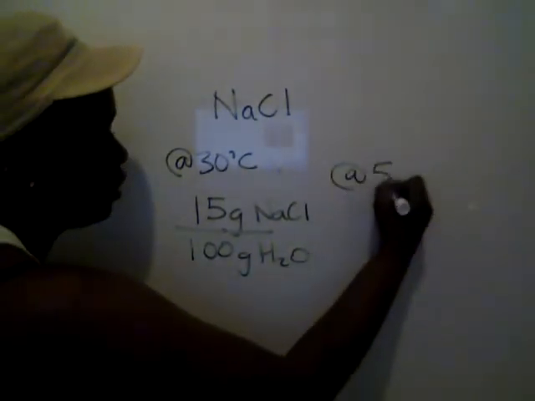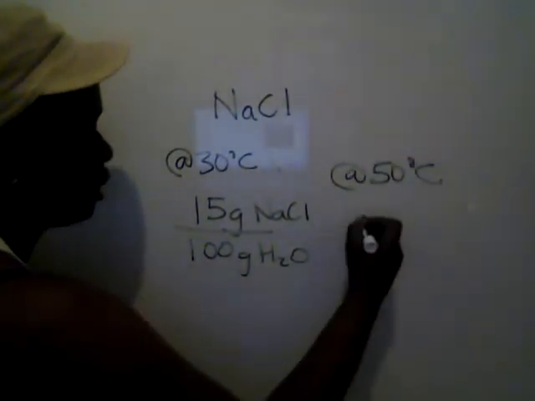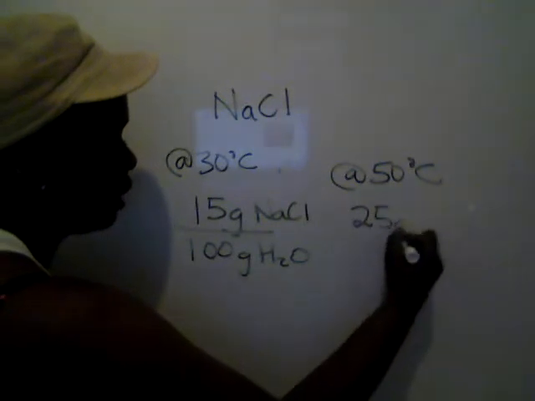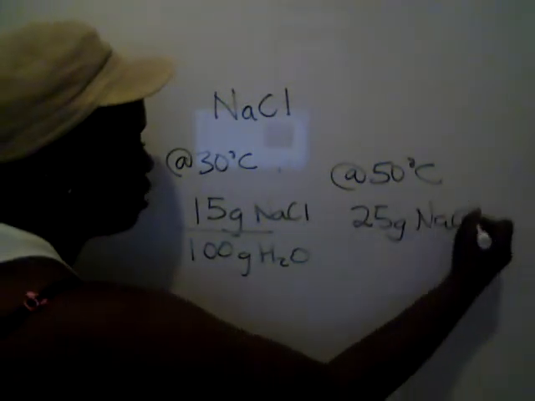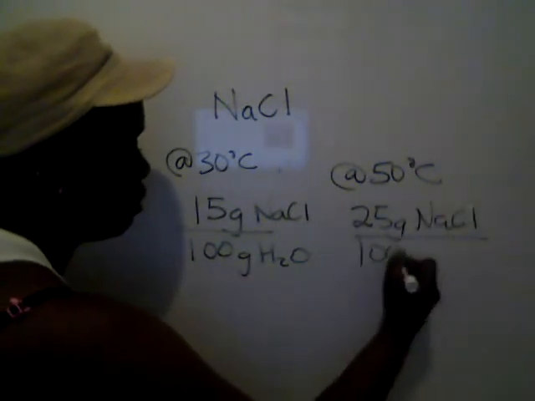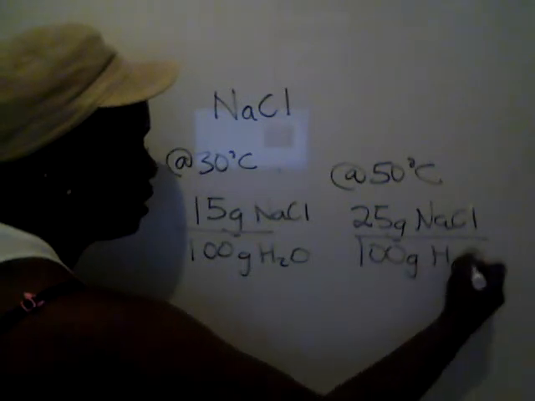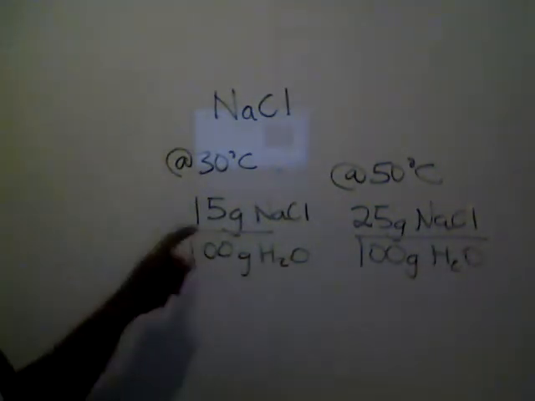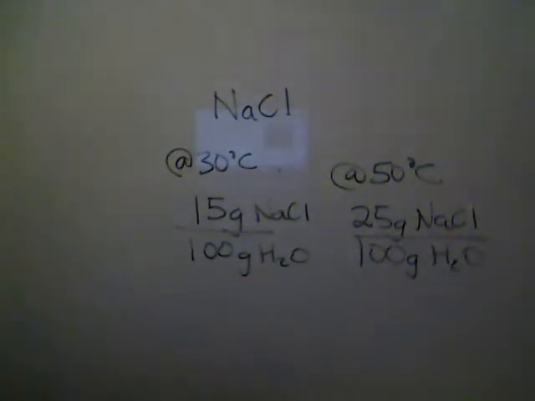But when we increase the temperature to 50 degrees Celsius, we could have about 25 grams of NaCl dissolved in 100 grams of water.